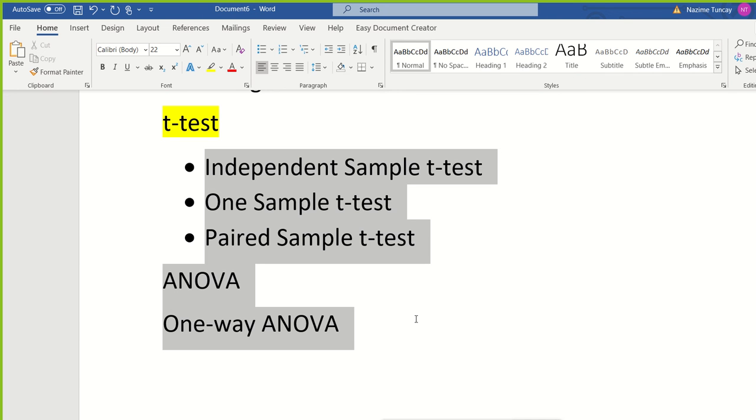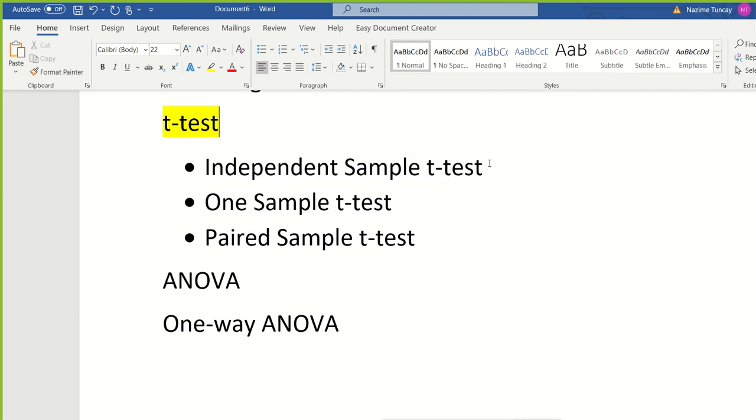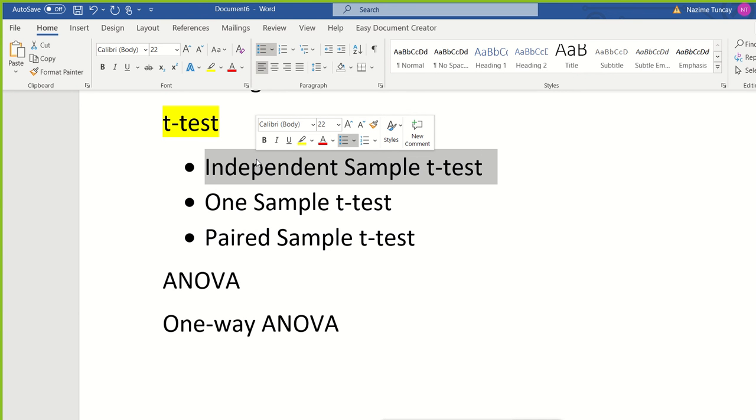And we have to have a nearly equal number in the groups. The independent sample t-test has two independent groups, and they have to be nearly equal: one of them can be 32, the other 30, or one can be 100 and the other 101 or 102. But one of them cannot be 100 and the other 150. This test doesn't work for that kind of difference.